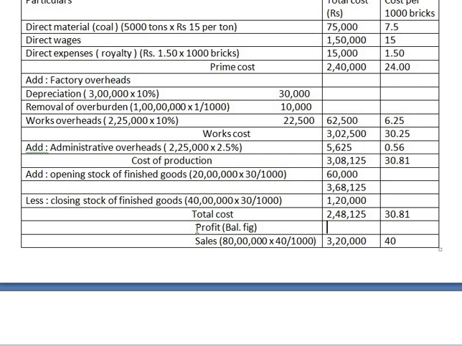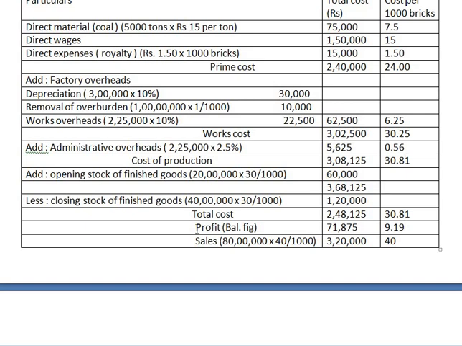So that is 71,875. Okay. So profit per brick is 9.19. So this is what the problem is about.